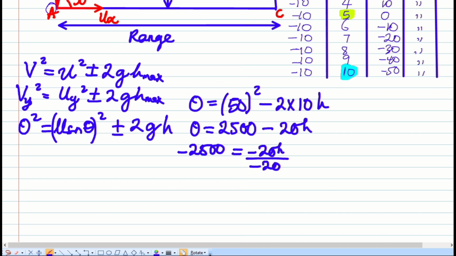So divide both sides by minus 20. These 20s are going to cancel and this negative sign is going to cancel. And then finally, we now have our maximum height, h max, equal to, let these zeros cancel, 250 over 2. 2 into 25 is 12, remainder 1. Into 10 is 5. So the maximum height is 125 meters.